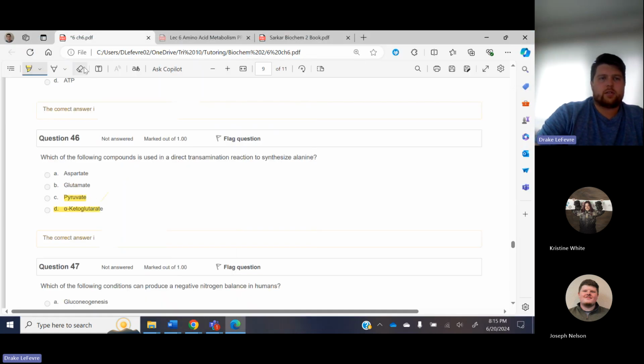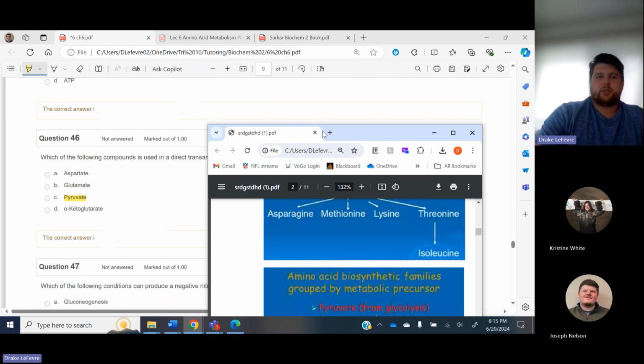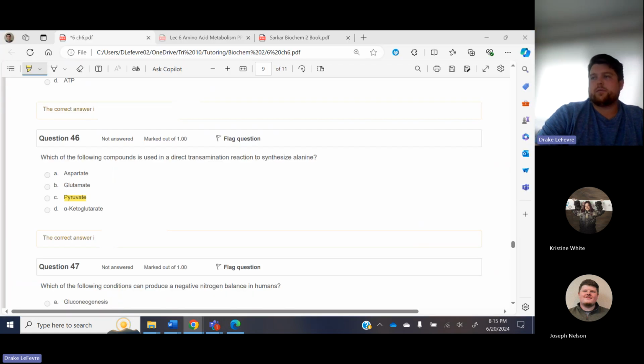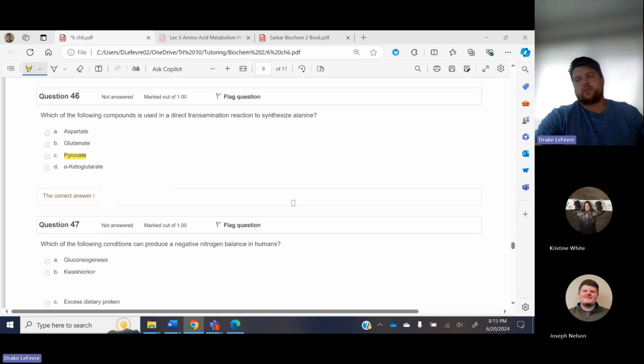So a lot of the arrows that you see, most or essentially all of them, go both ways. So if pyruvate can turn into alanine, valine, leucine, or isoleucine, any of these can be turned back into pyruvate. That's an important characteristic to make sure to mention.